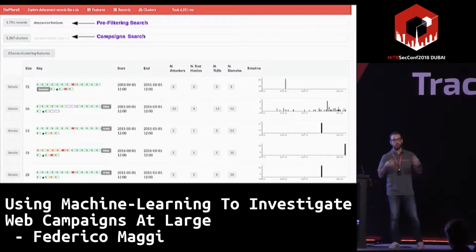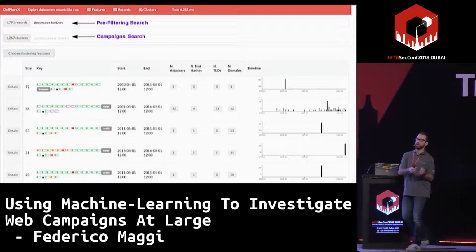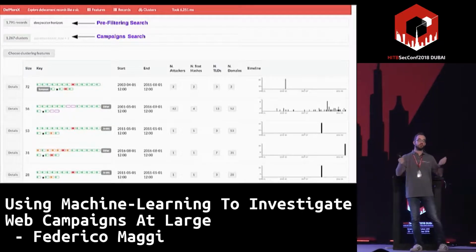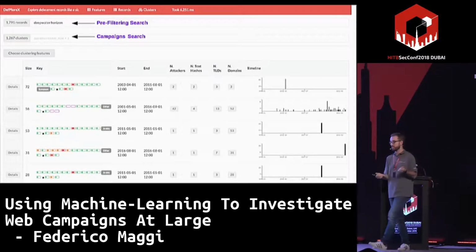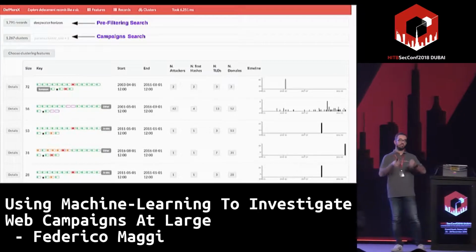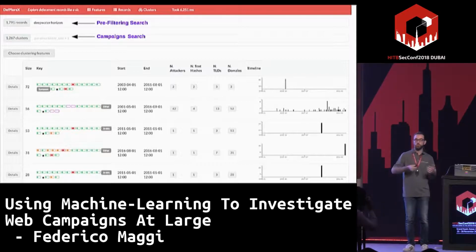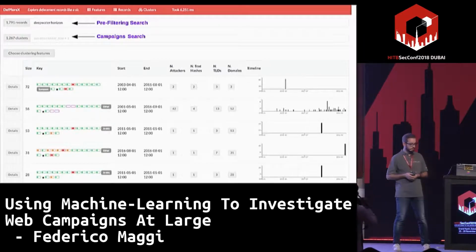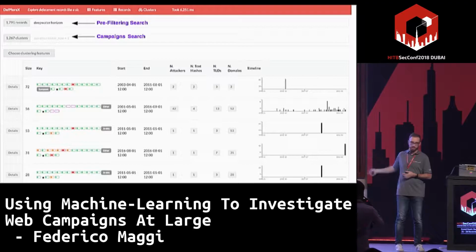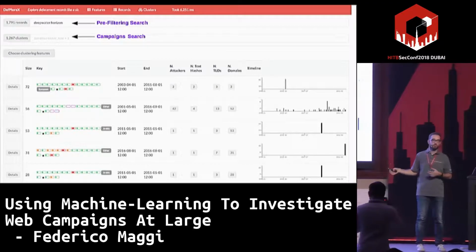So you can say, I want all the clusters that have a time span of 1 year, or all the clusters that only last 10 days, and I want clusters that are as large as 2 or more pages. Something like this.